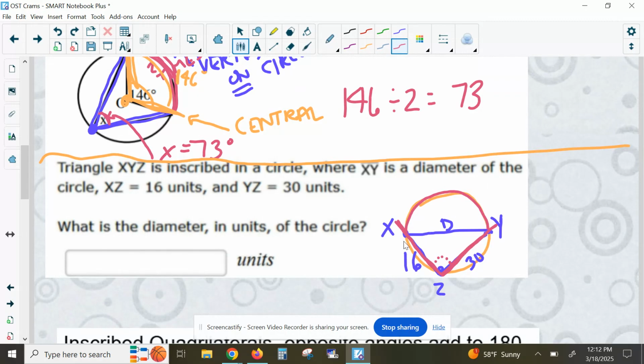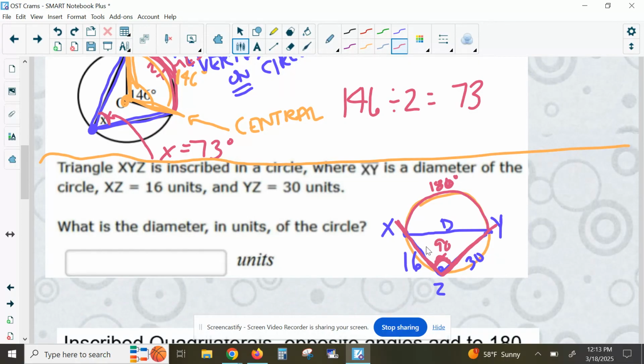So if this is a diameter, how big is this ice cream? This ice cream is half of a circle, so it's 180 degrees, right? Half of that is 90. So that makes this angle down here a 90 degree right angle.